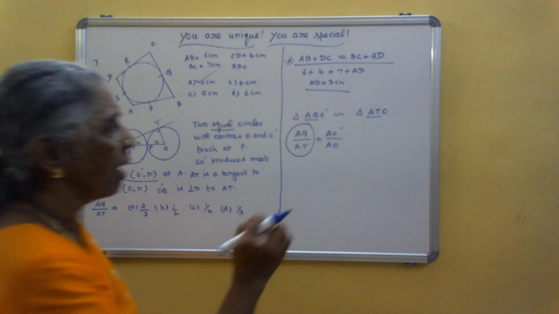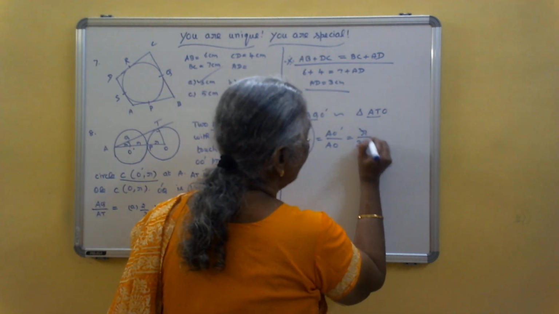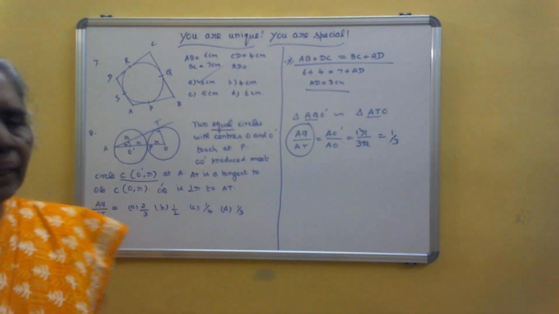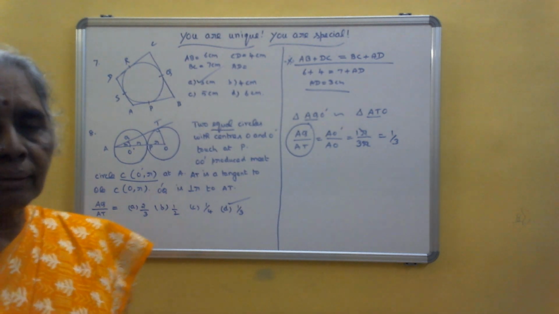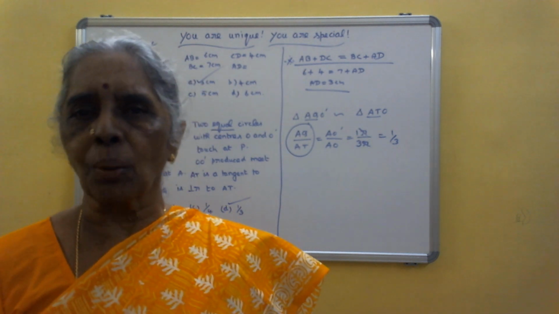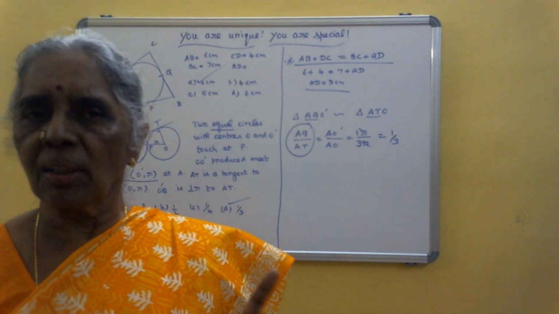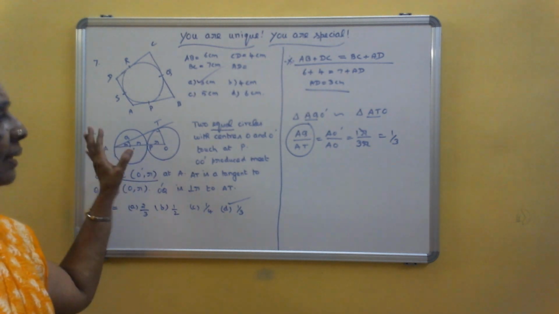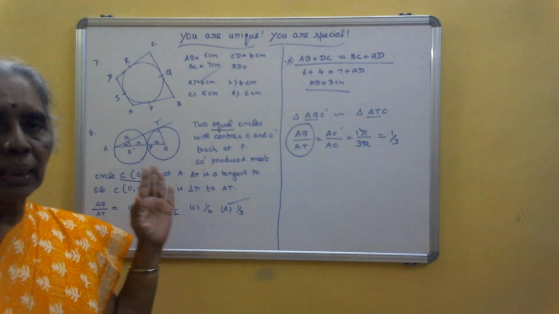AO dash is R. So this is nothing but R by 3R. Cut R and R. You will get the ratio 1 by 3. So see, even though it is a circle, there is no restriction that you have to use only the concepts of circles. Here the similar triangles also you should know, and that correspondence you have to write properly. Then only you will get the ratio. Is it okay?